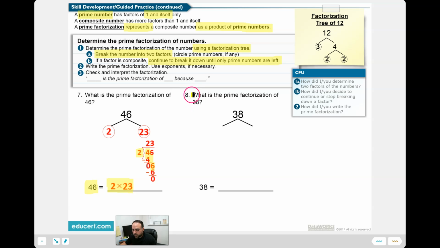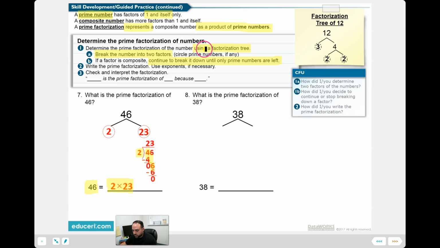Practice problem number 8. You read problem number 8. I want you to read step number 1 by only reading the highlighted information. You read. Ready?